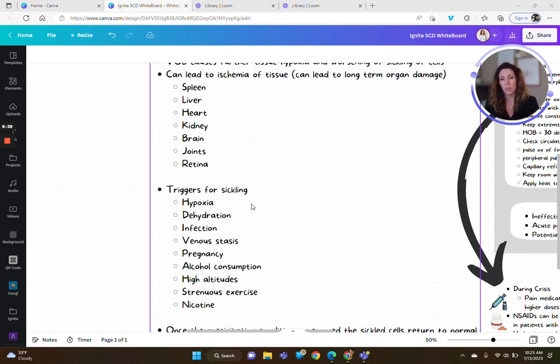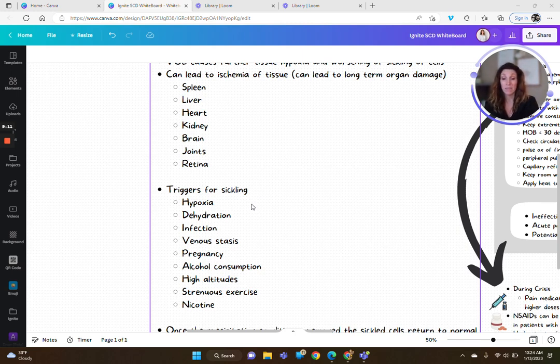Alcohol consumption can be a trigger. It can lead to dehydration, which further potentiates sickling. High altitudes, and that kind of goes back to the hypoxia. If we are in high altitudes, we may not have as much oxygen readily available, and this can lead to hypoxia. And then strenuous exercise, so patients that are exercising heavily or doing a lot of activity, this could potentiate sickling.